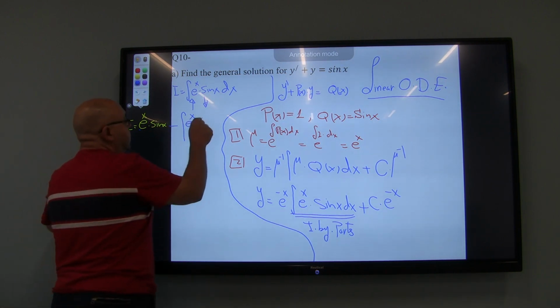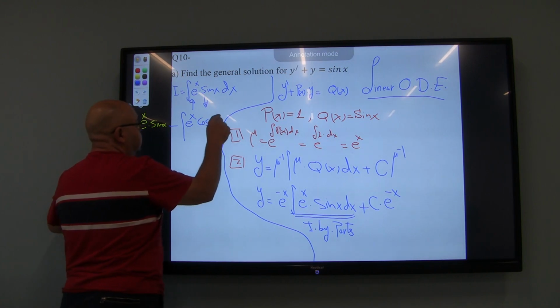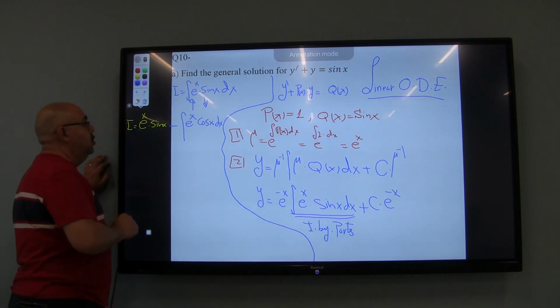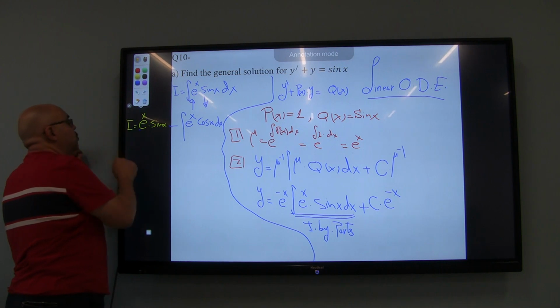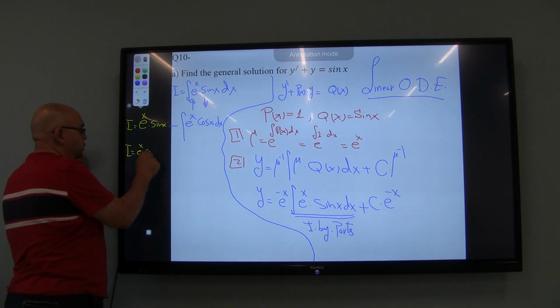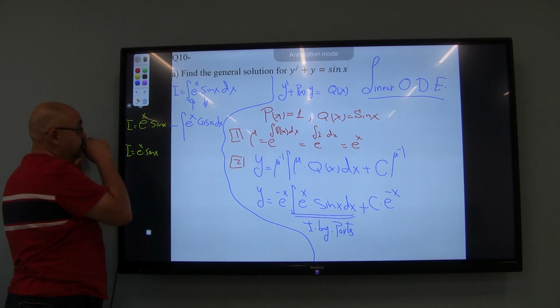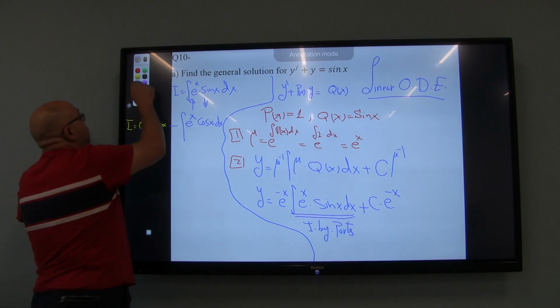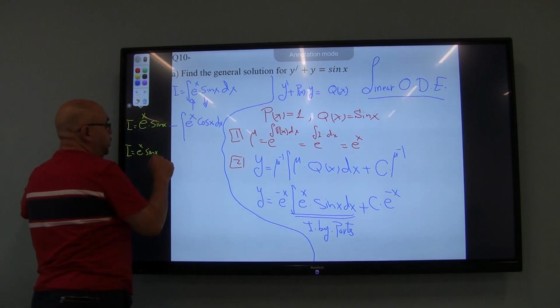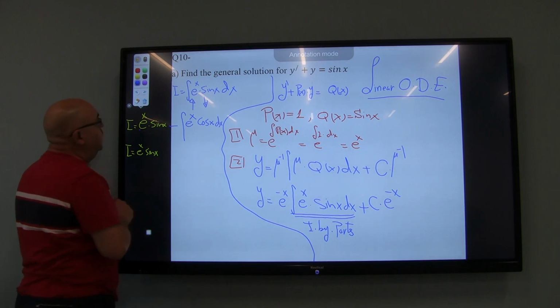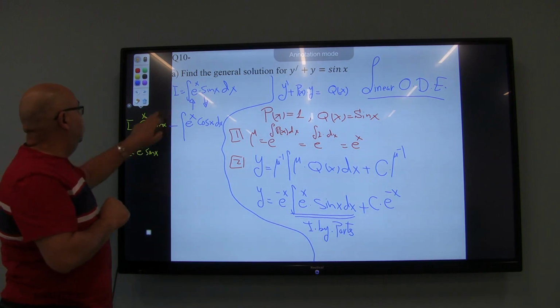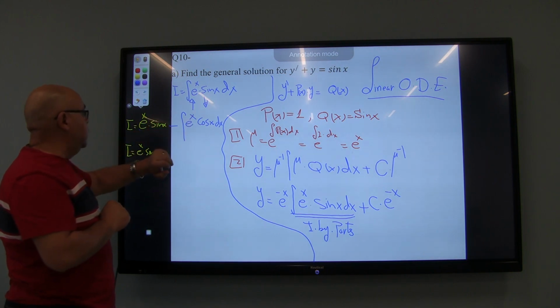Differentiating sin x gives cosine of x with respect to x. Continue the same way: I is going to equal e power x times sin x.